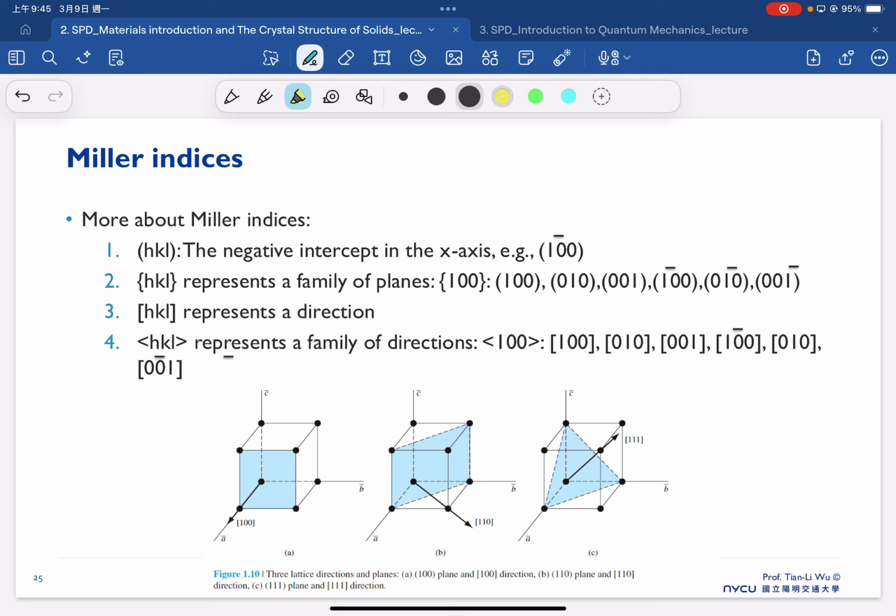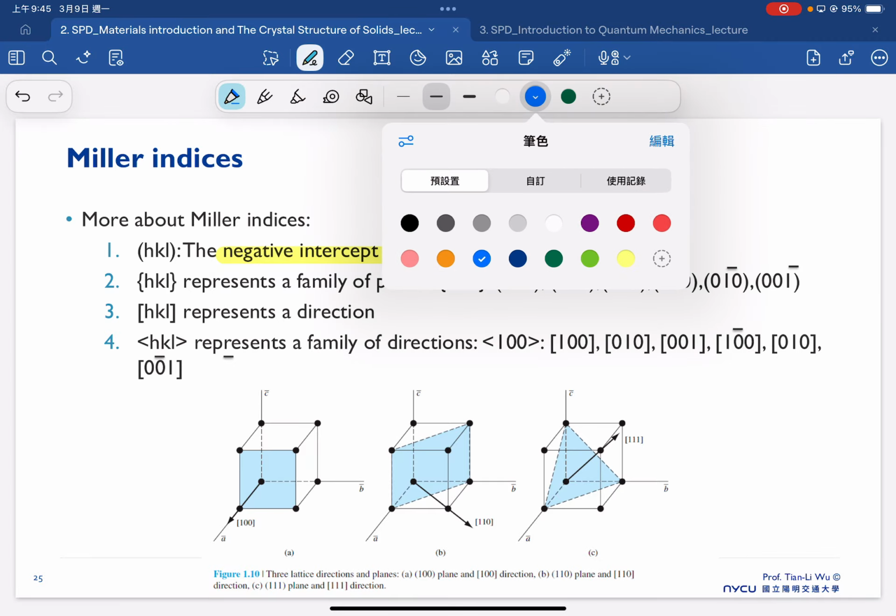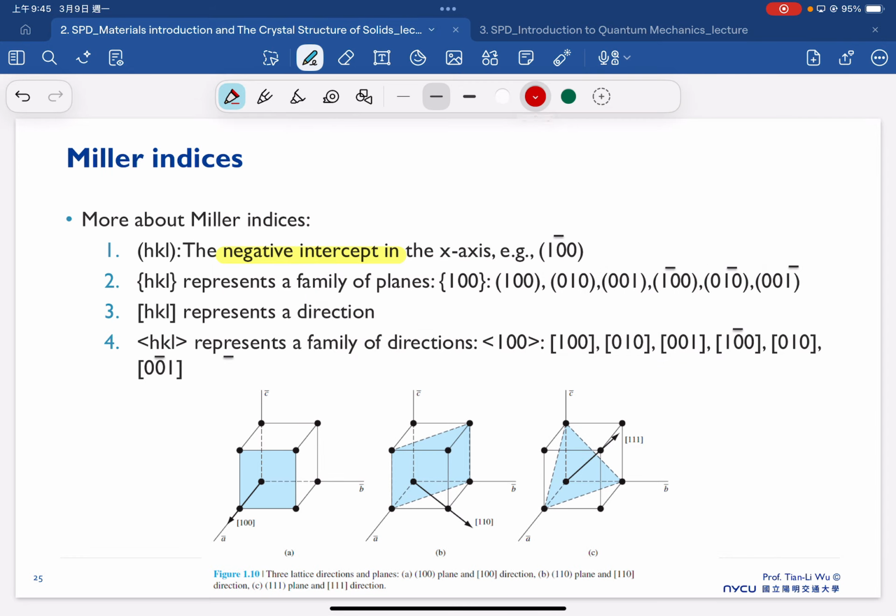For example, if we have a negative intercept on the x-axis, we put a hat on top of the 1. So that indicates a negative intercept.